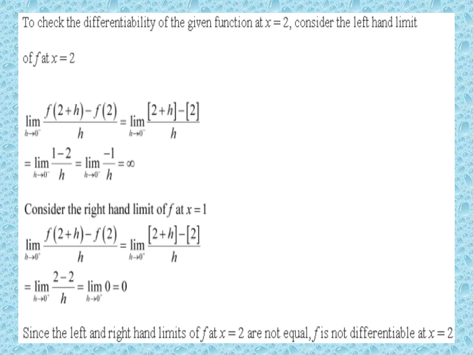Again we can see that the left hand derivative and right hand derivative at x = 2 are not equal. Clear? So the function is not differentiable, because the left hand derivative and right hand derivative are not equal at the point x = 2. Pause and note down the solution.